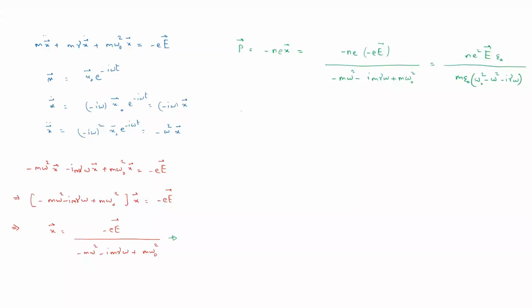So what we have here now is that the displacement field D is equal to epsilon naught E plus P. So epsilon naught E plus P is equal to n e square upon m epsilon naught, and epsilon naught E divided by omega naught square minus omega square minus i gamma omega.